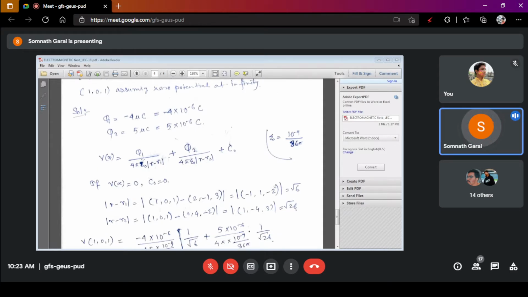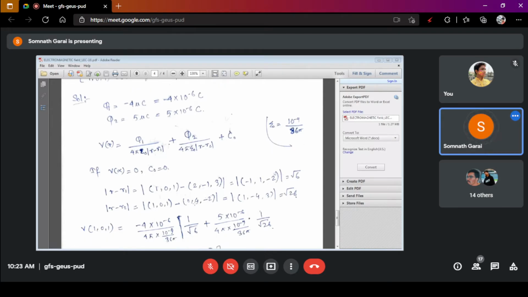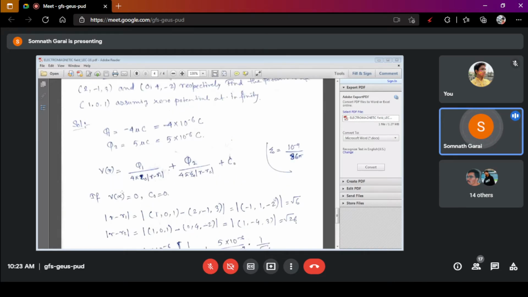we determine this vector position, because q1, q2, 4 pi epsilon naught are all known values. The value of epsilon naught in the general case is 10 to the power minus 9 divided by 36 pi. Now mod of r minus r1: r is the vector location of the reference point, that means 1, 0, 1.